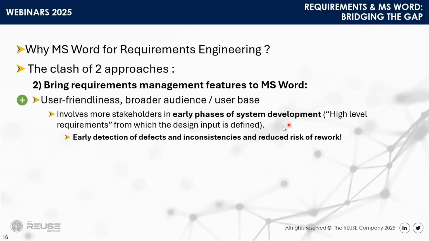So by including these aspects in early phases and this requirements management philosophy, we might end up with an earlier detection of defects, and so lower risk of reworking requirements. So remember the graph that I was showing. The earlier you detect that, the better.